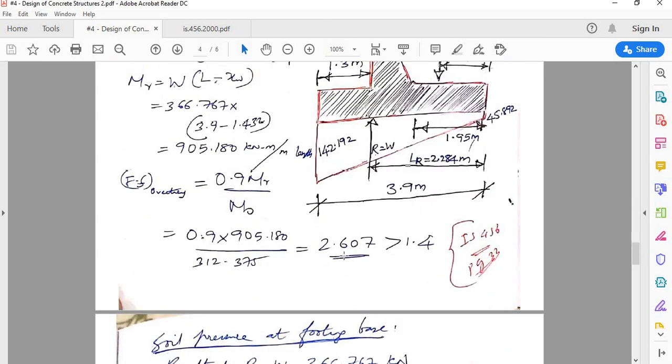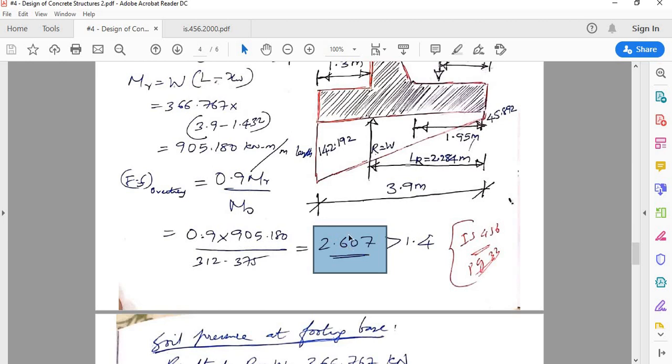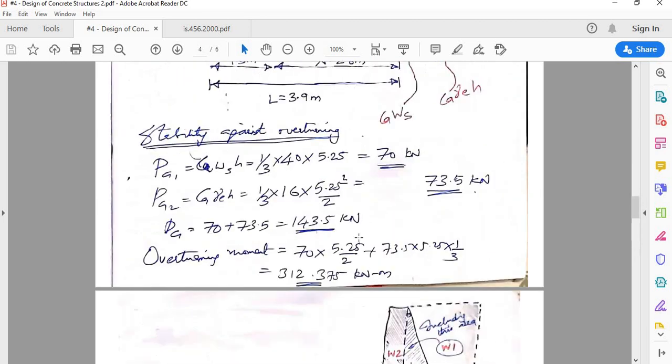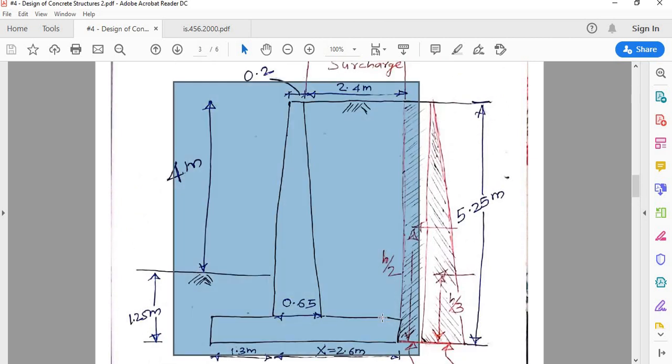You will get a factor of safety of 2.607, which is greater than 1.4, our requirement as per this codal guideline. So the overturning check is okay, and using this dimension the retaining wall is safe against overturning.